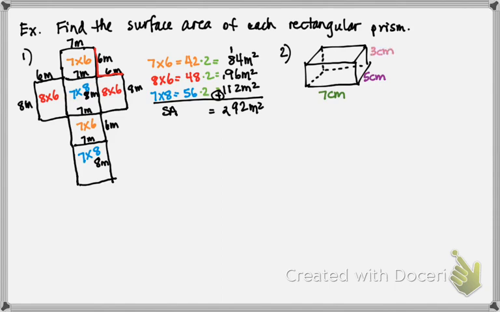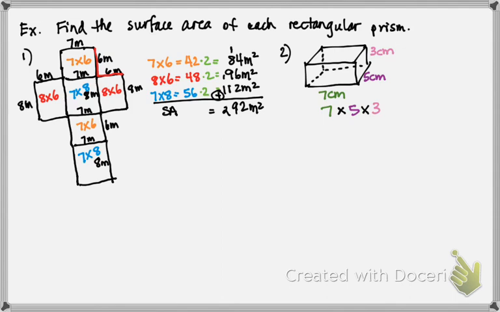Okay. So again, we've got 7 by 5 by 3. What I'm going to do is pair them up 2 numbers at a time. Now there's only 3 ways to put those numbers together.